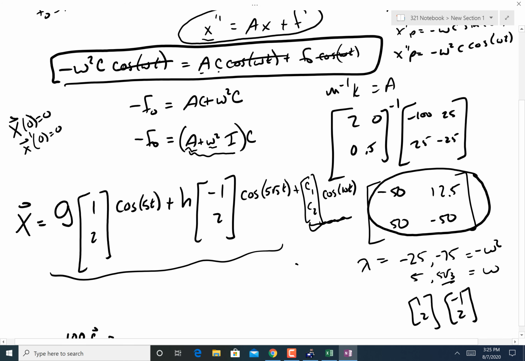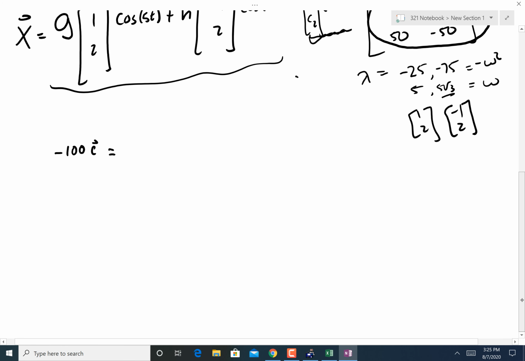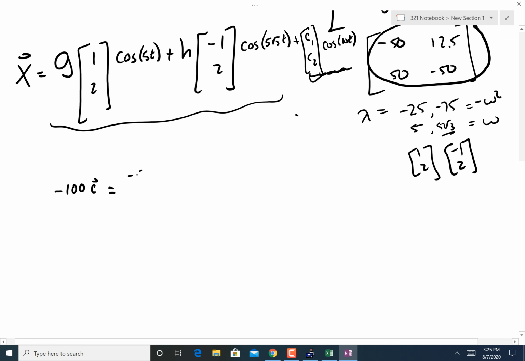C is equal to, again, A times C. Well, what is A? A is this guy right here, so negative 50, 12.5, 50, negative 50 times C, plus. Now, what do we want up here?